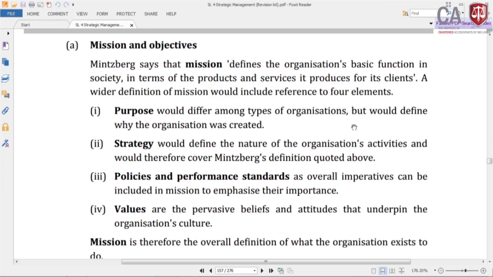So, that communicate the culture within the organization. For example, value, it may be integrity, it may be professional behavior, it may be teamwork. Those are part of the mission statement. If you read the mission statement openly, you can find such statements. If you look at this company, one is the reliability, the 5 component reliability, right. So, those are some of the values they try to communicate to the customers.